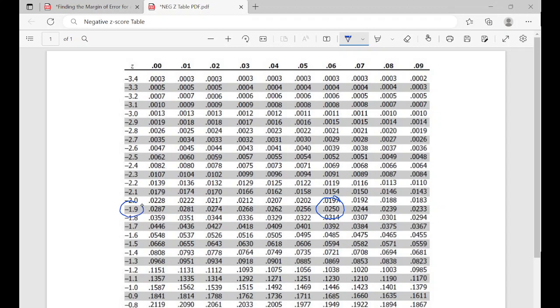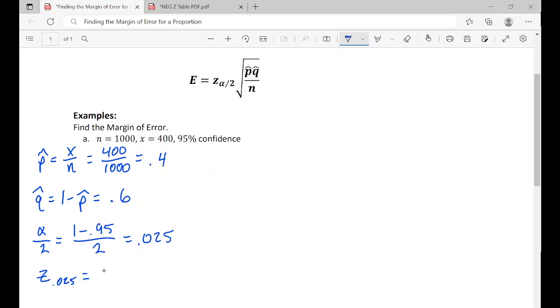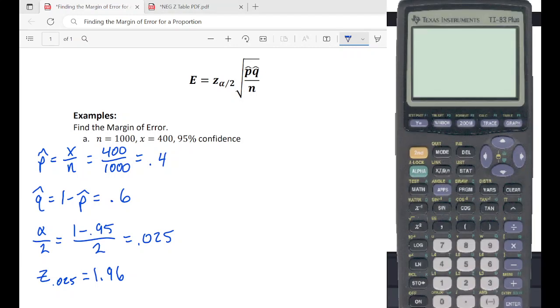So 1.96 will be our z-score, or critical value, for this z value.